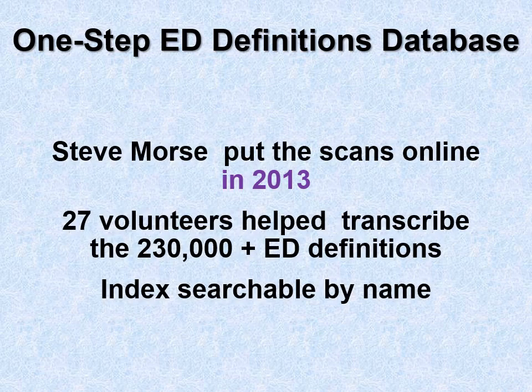Once we had them, Steve put the scans online in 2013. So these ED definition films have been available for probably 8 years so far. And then 27 volunteers helped transcribe the 230,000 plus definitions so that anything that we transcribe can be searchable by name.